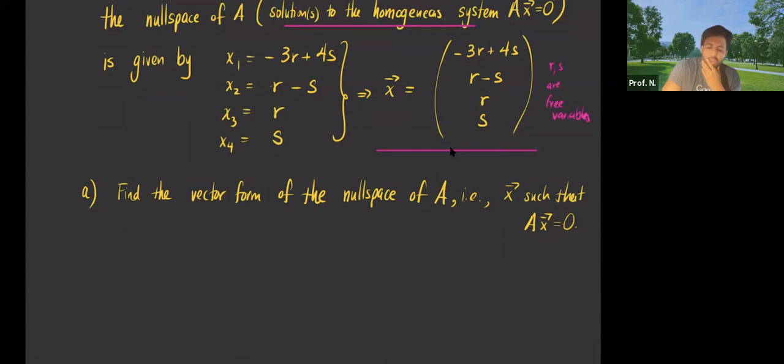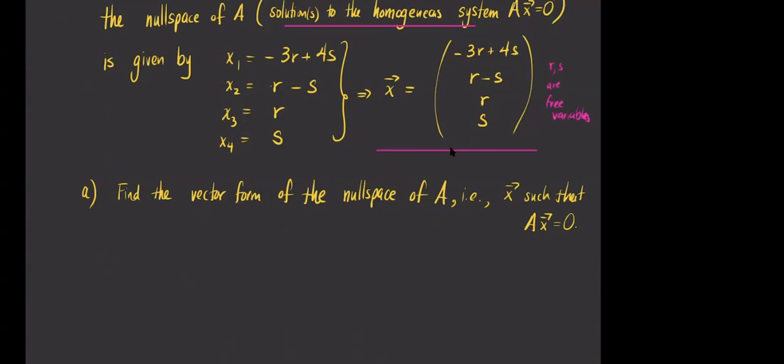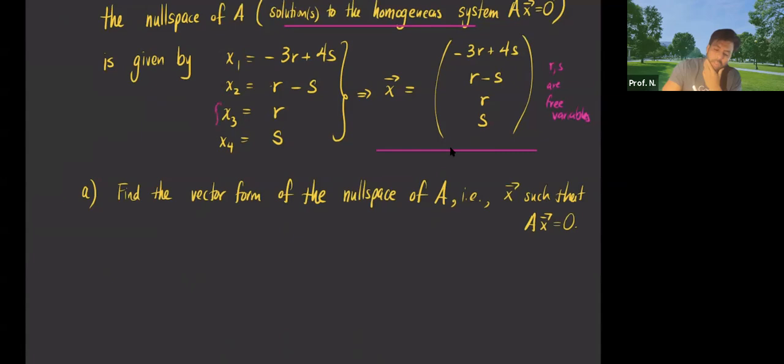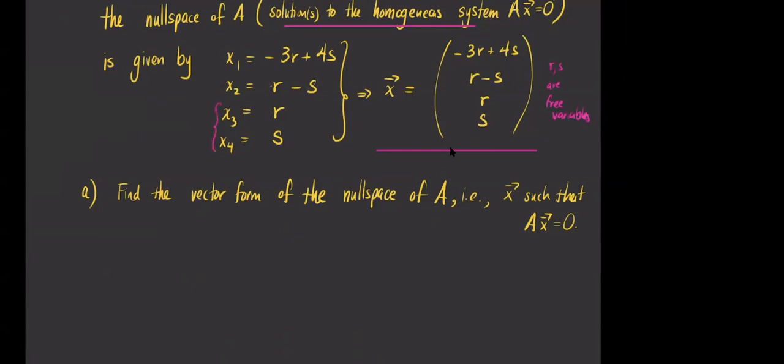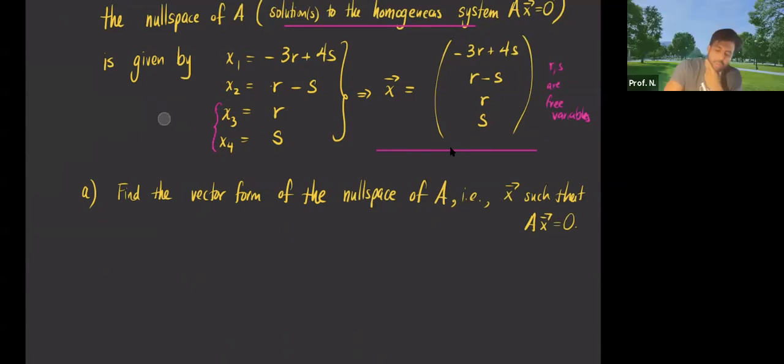So which ones of these are the free variables? Out of x1, x2, x3, x4, which are the free ones and which are the non-free ones? X1 and X2 are the free, and X3 and X4 are the non. Well, actually, it's the opposite. Oh, X3 and X4 are the free ones. They're the ones that do not depend upon any other of the variables. They can be anything.